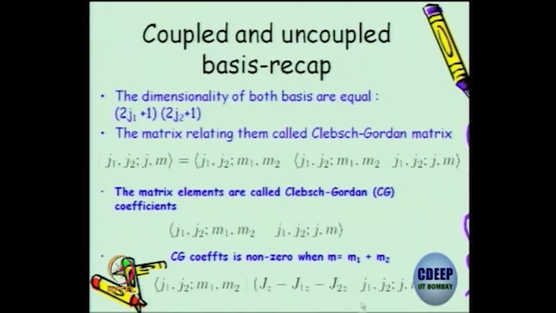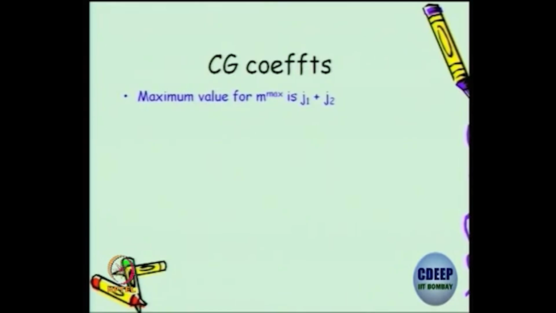This is actually 0, and if you substitute, Jz will act on this basis, J1z and J2z will act on that basis. You will get M minus M1 minus M2 times the inner product of those two states. That inner product of those two states is the CG coefficient, and that is non-zero only when M is equal to M1 plus M2. Okay.